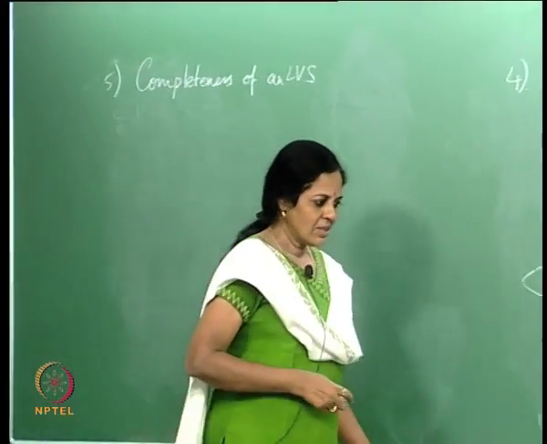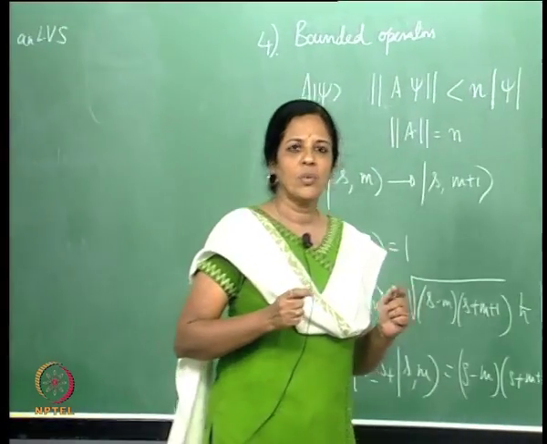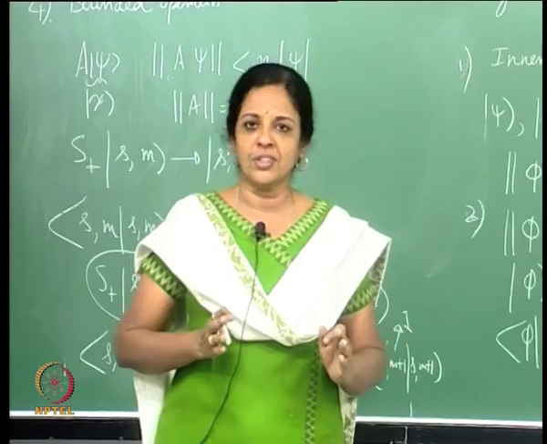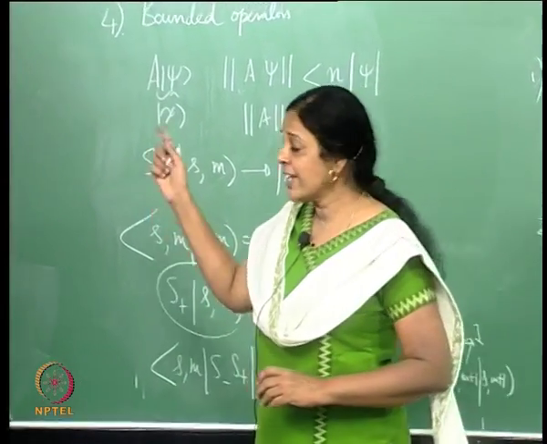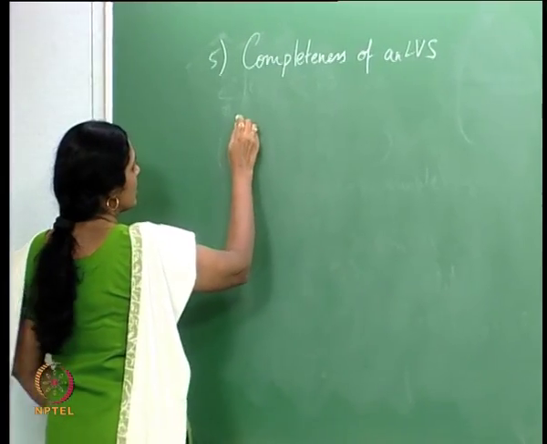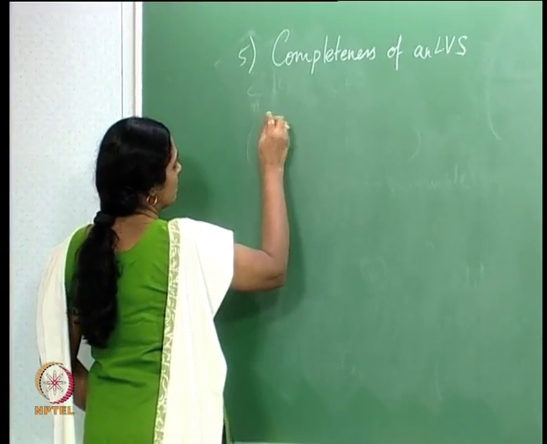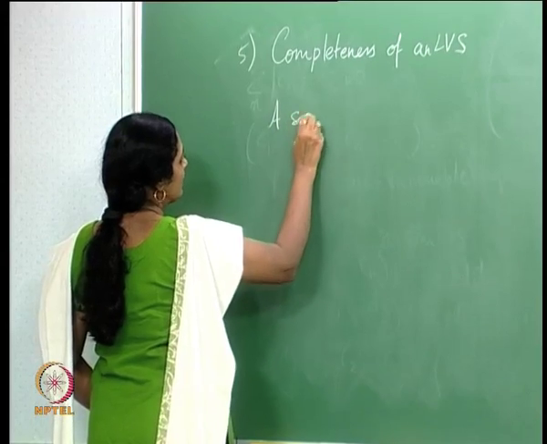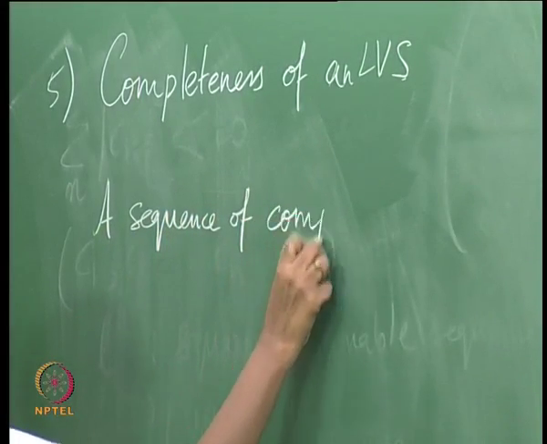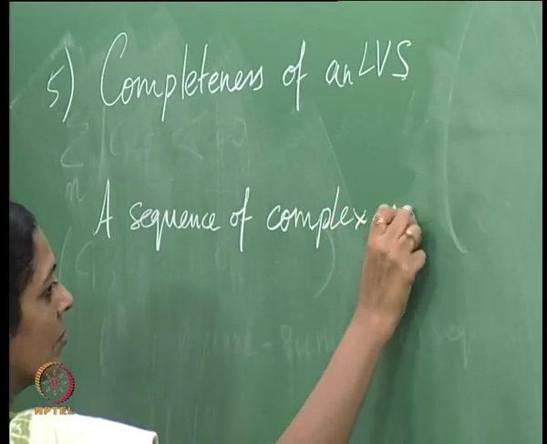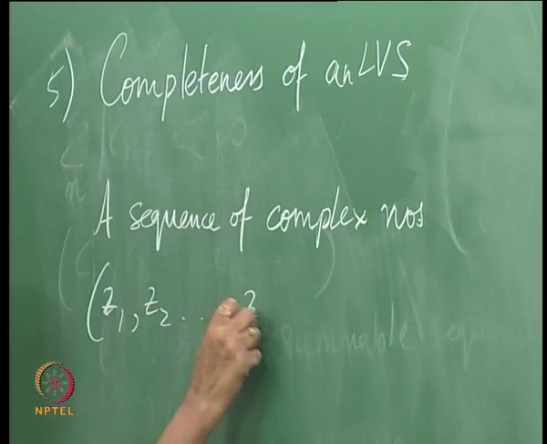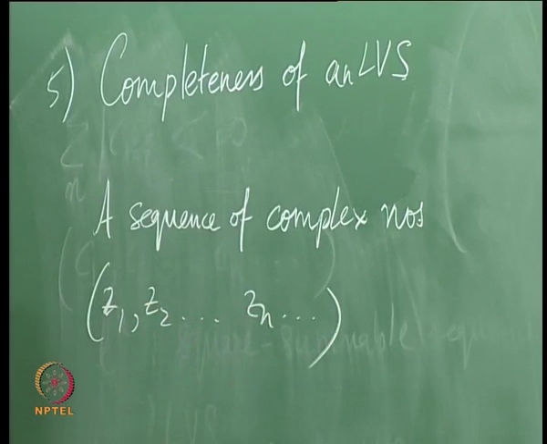This concept is very important when it comes to infinite dimensional linear vector spaces, and is not at all obvious. To explain completeness, we do the following. You consider first a sequence of complex numbers, Z1, Z2, and so on, Zn, and so on.